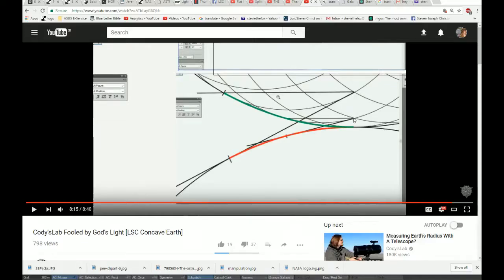If you're at this point here on a convex ball and light is straight, your sight line is tangenting over here and then it's rising up like that. However, if you're inside this concave Earth and your point is over here, the light is bending and is tangenting over here and it's rising up like that. And so the calculated radius of the Earth is going to be virtually the same.